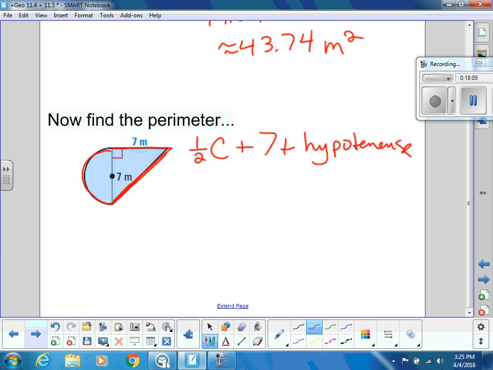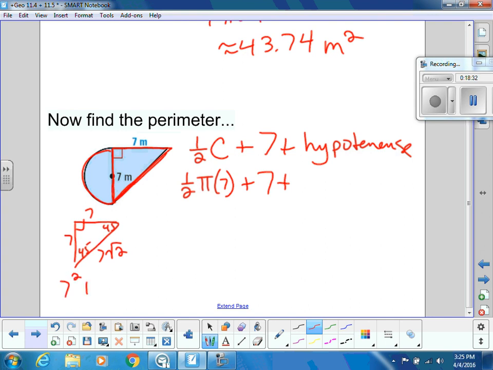That's going to be, remember, pi d, so that's 1/2 pi times the diameter is 7. And then we had the 7 from the top part. Over here, if you remember, 45, 45, we know that this is going to be 7, 7, and 7 square root of 2. Otherwise, you could have done Pythagorean theorem.